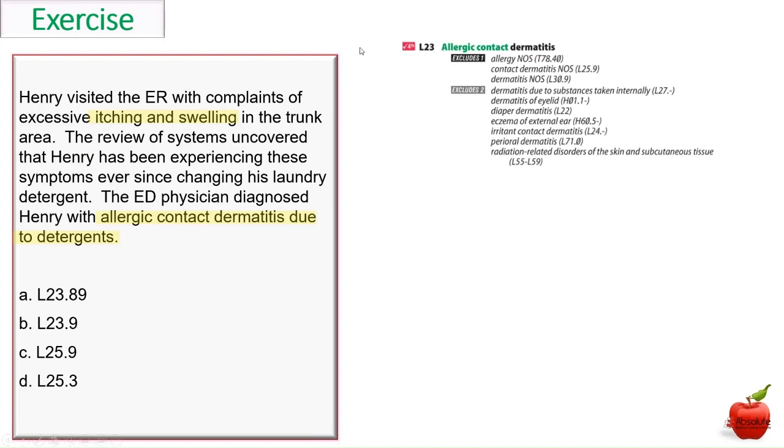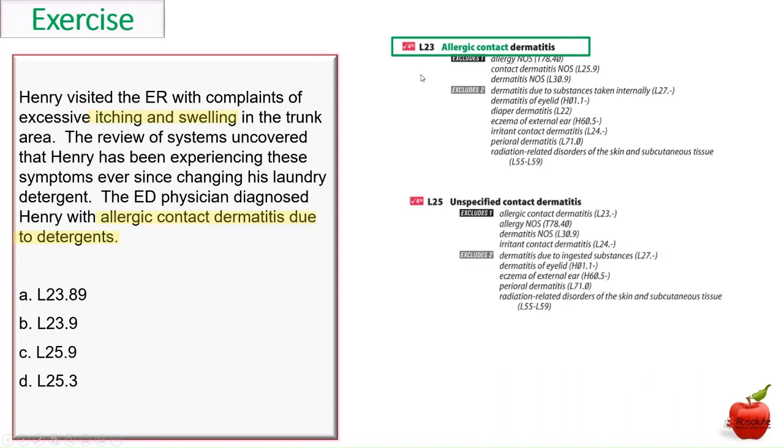So we already know we're going to take a look at this coding category, L23. This is allergic contact dermatitis. And then L25 is coding for unspecified contact dermatitis. We have a specific dermatitis. It is allergic contact dermatitis due to detergents. So we're going to eliminate C and D. If you chose C or D, remember you've got to be forensic.